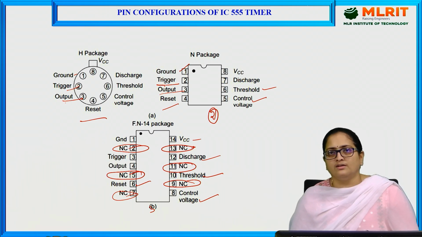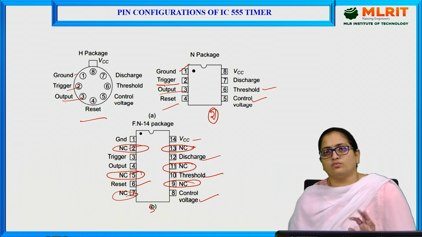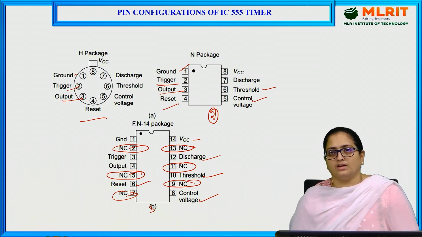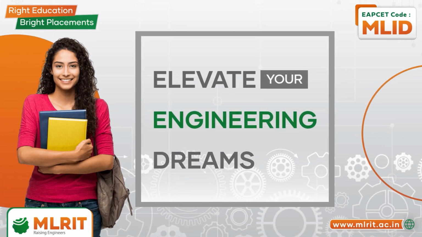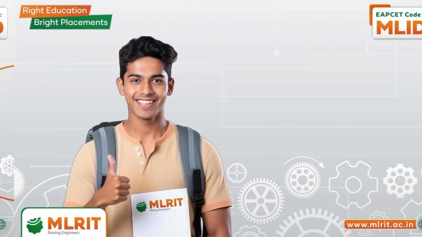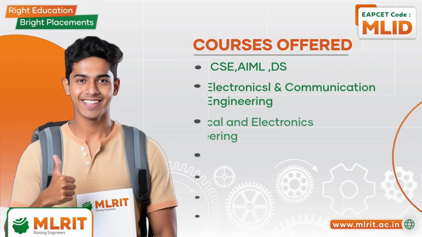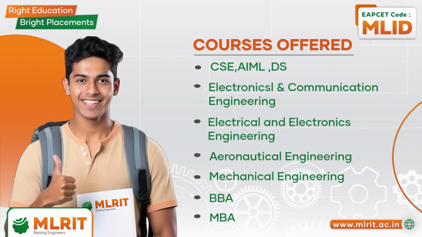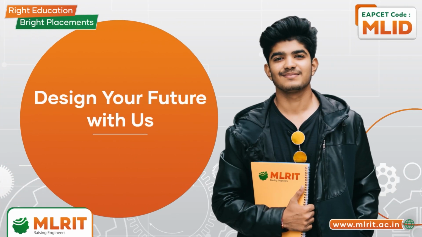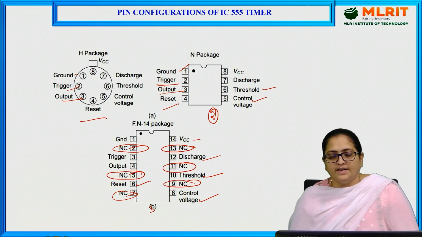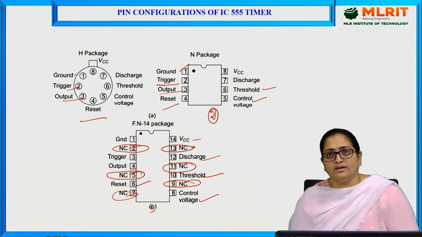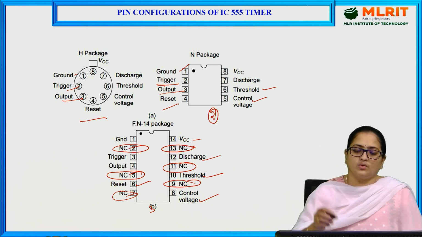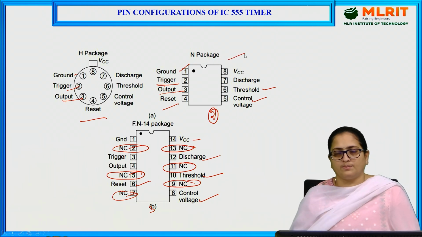But in our laboratories, we will be using the 8 pin 555 timer IC. And here we will be working with astable and monostable applications, which can be done by using an 8 pin 555 timer IC.